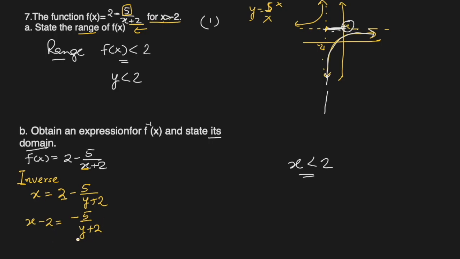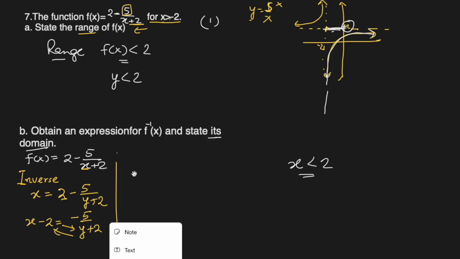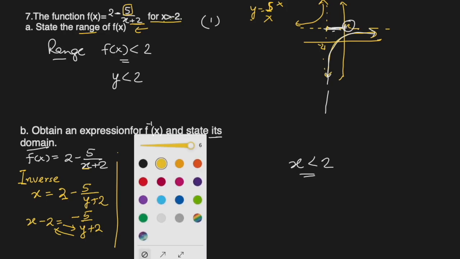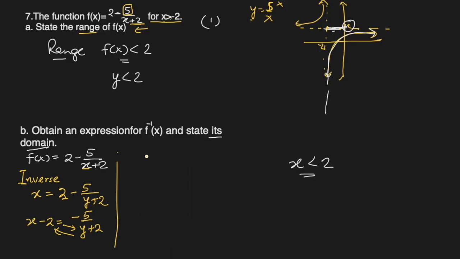Right? Now y plus 2 and x minus 2, they can exchange their places by cross multiplication process. So y plus 2 equal to negative 5 over x minus 2.